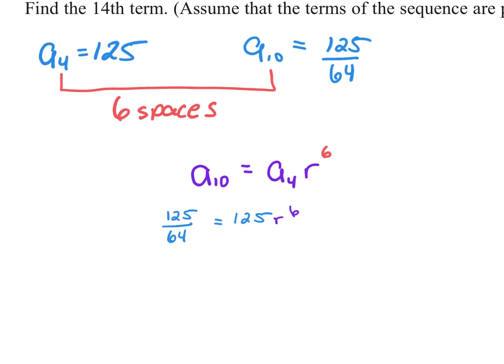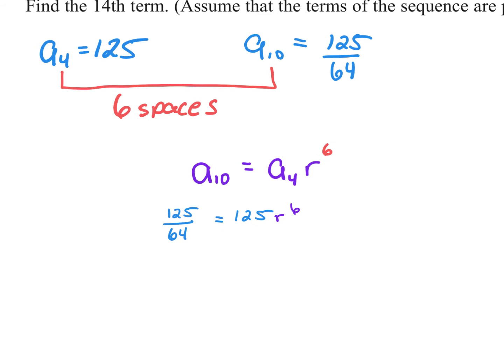So what would be the first thing that we would do to solve for r? You would divide. You want to divide by 125? Okay, perfect. So r to the 6th power equals, guys, how do I rewrite this so I can work this problem out? Keep, change, flip.